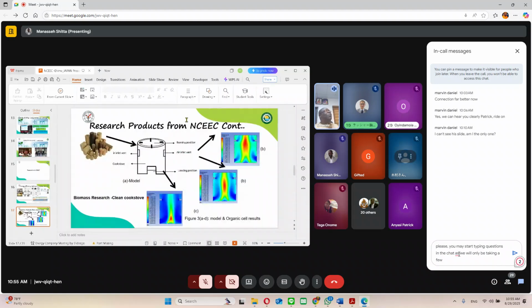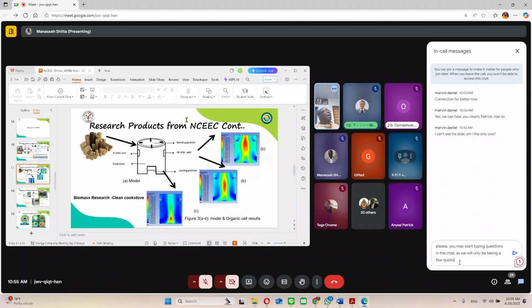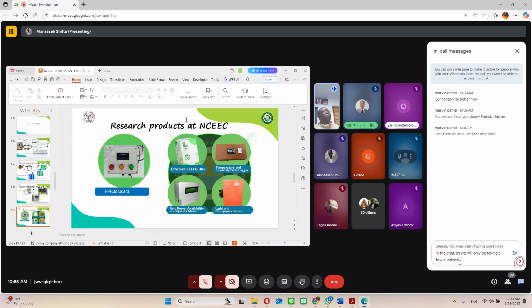Also, we have research products from the National Center for Energy Efficiency, and if you look at the next slide, some of our research products have passed quality assurance tests, and we also have devices to test for quality assurance here. These are some of the products we are displaying.